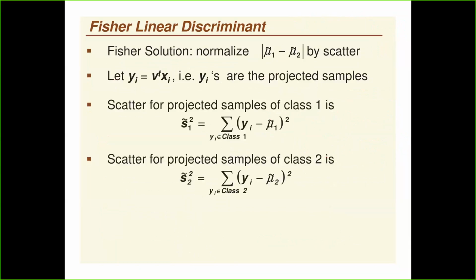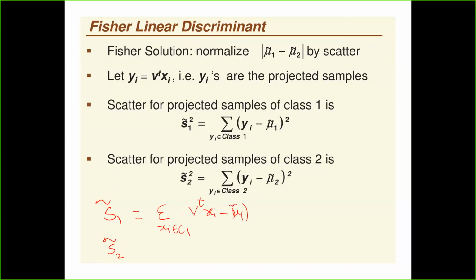How do you compute the scatter in the projected space? Can you tell me? Let us say it is S1 bar and S2 bar. Sum over all xi belonging to C1. Instead of xi, we take V transpose xi minus mu1 bar.